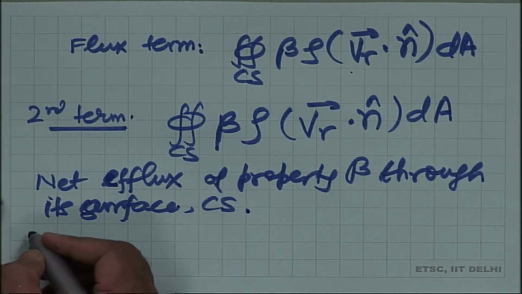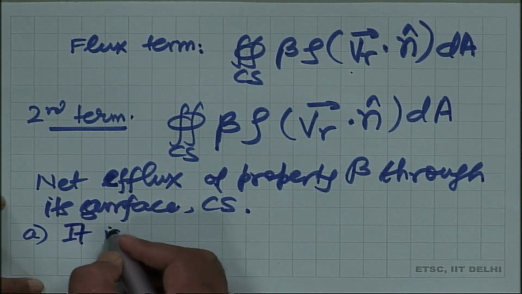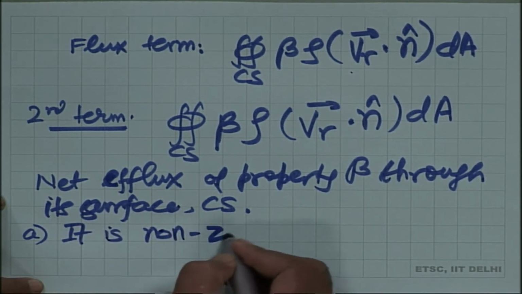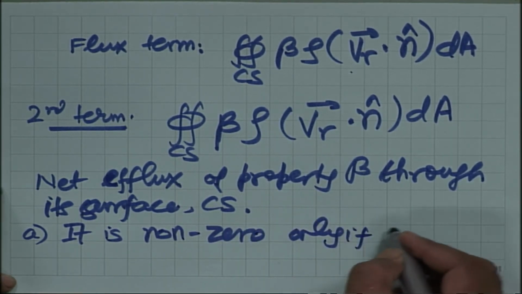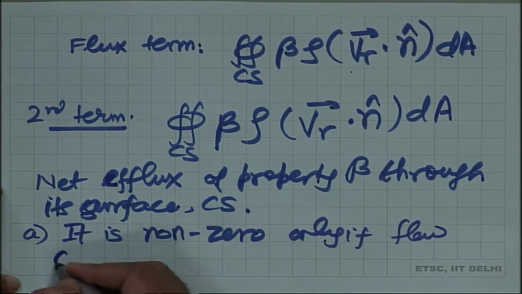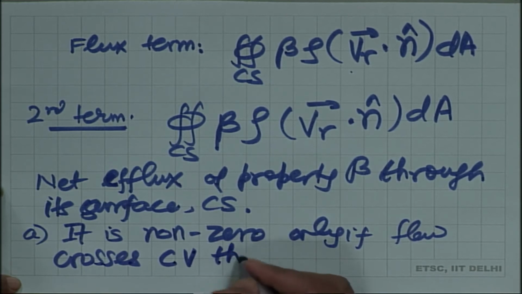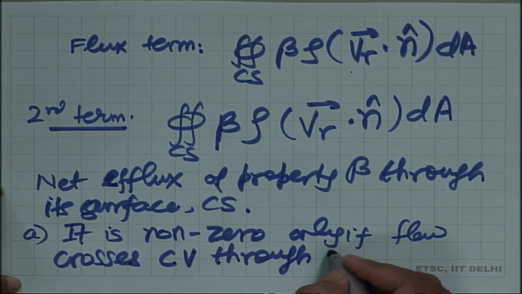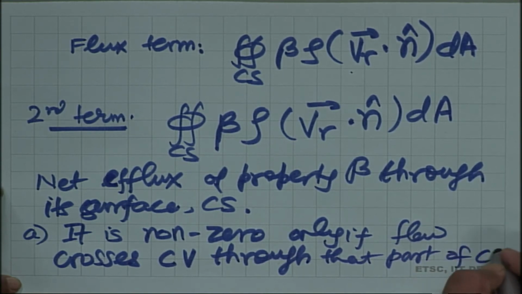Now, clearly it is non-zero only if flow crosses the control volume through that part of C s.